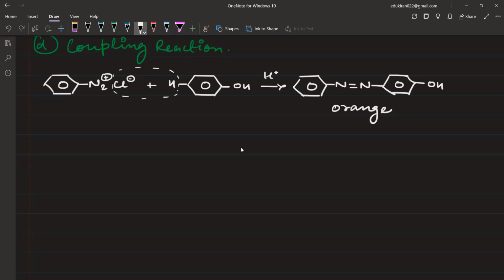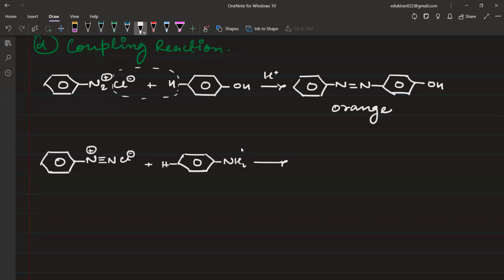If we have the same reaction but with aniline, nitrogen में ऐसे triple bond होता है, right? You have positive charge here and we have Cl negative here. Similar reaction with aniline. This is done in basic condition.